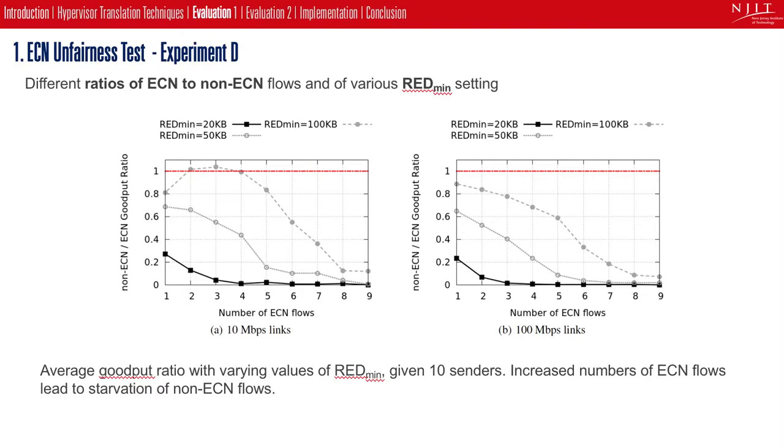In general, we see that as the proportion of ECN flows in the mix increased and as RED minimum decreased, the unfairness worsened and the legacy ECN flows suffer from increasing throughput loss.